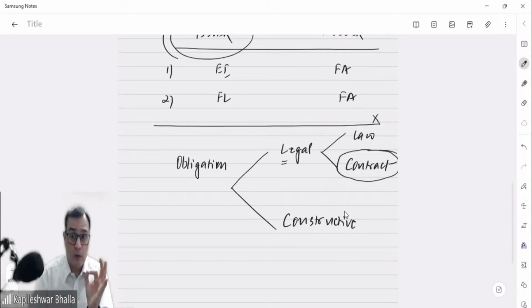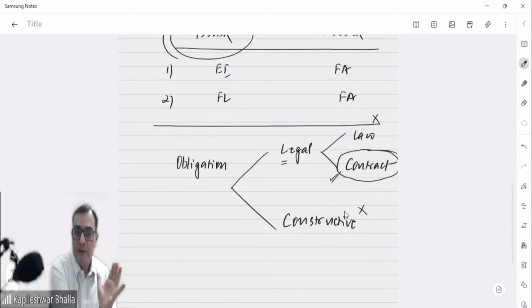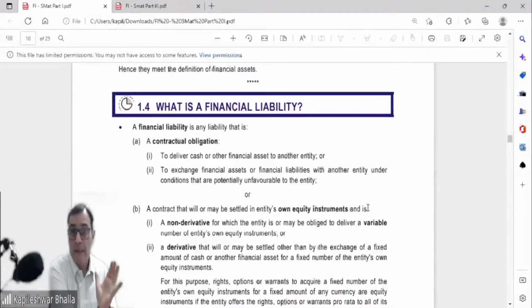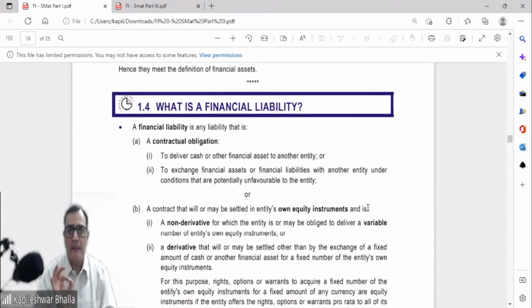I'm not looking at obligation which is constructive. The focus is only contract, only contract. I hope I made myself very clear. So if I look at the definition, it very clearly says a contractual obligation. So the very first question which you're going to put across to yourself is: is there an obligation which is contractual in nature?